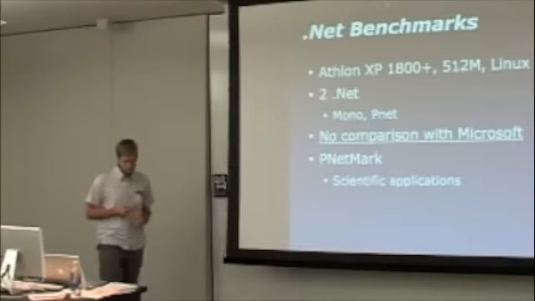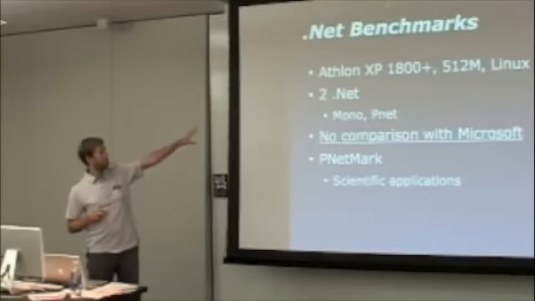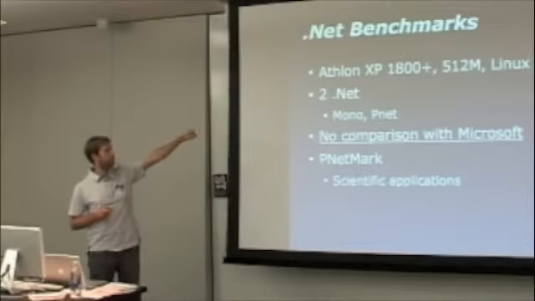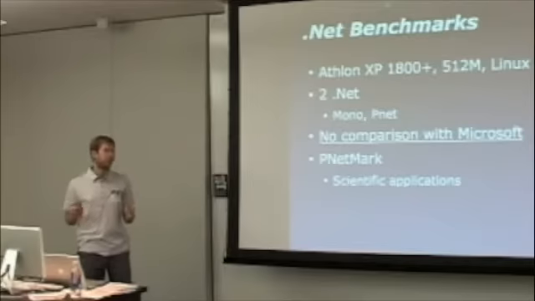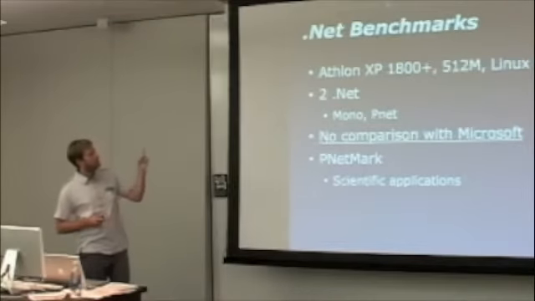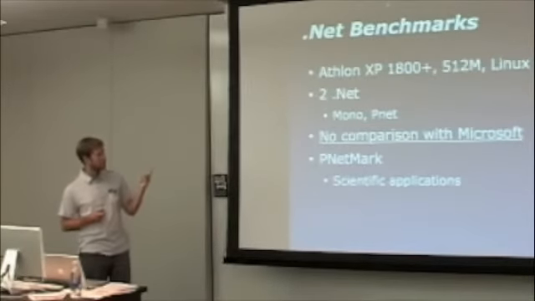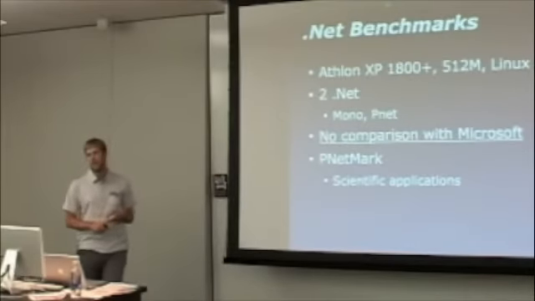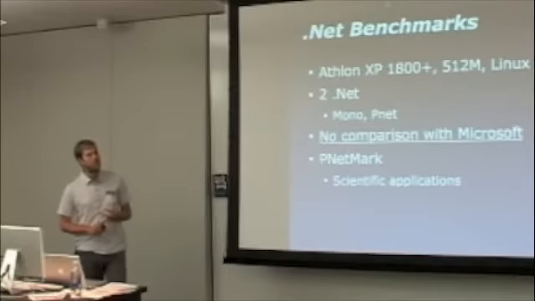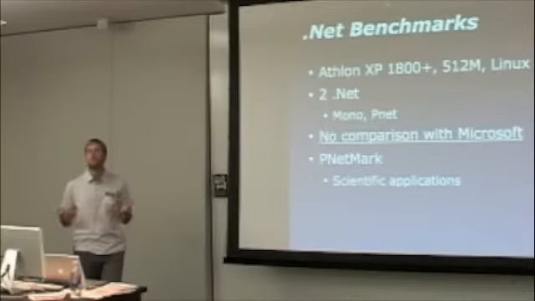For .NET, we compared with two other implementations of the Common Language Infrastructure, which are Mono and PNet. We didn't compare to Microsoft because, first of all, Microsoft doesn't allow us to do that, and second, the Microsoft .NET implementation only runs on Windows, whereas we run on Linux.